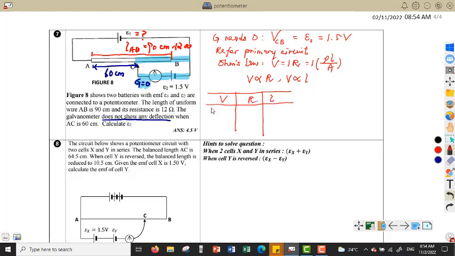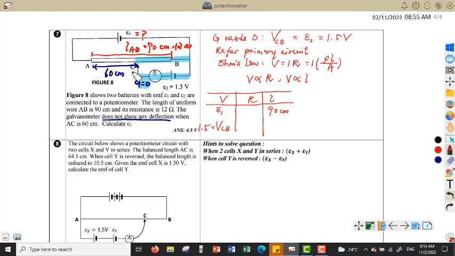So our driver cell E1 is connected to the whole wire of length 90 cm. And then the portion of the wire whereby our G reads 0, that one is VCB. The VCB will equal the value of E2, whereby the value is 1.5 volt.